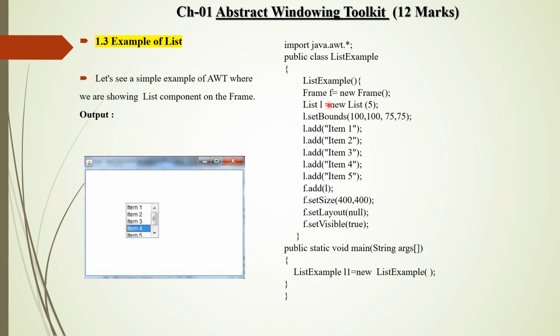Here we create one list and we pass the integer 5, so 5 rows are displayed in the list, and in total we add 5 elements, item 1, item 2, item 3, item 4, item 5, in the list. We can select one or multiple items from this list. So this is a simple example of a list.